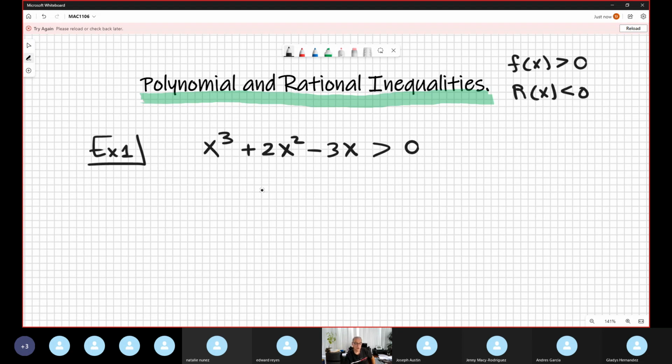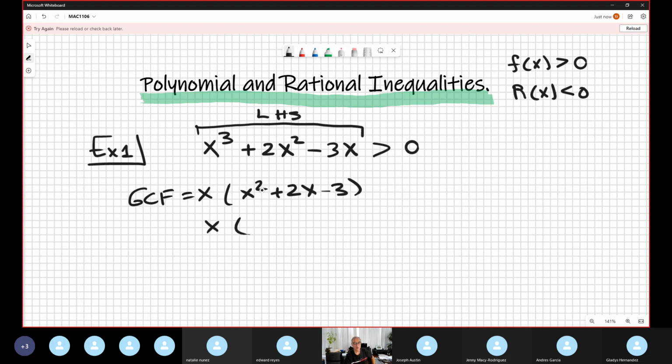So what should I do? Well, you take the polynomial on the left hand side and factor it. A greatest common factor I can see is x. Factor out x, and you have x squared plus 2x minus 3.